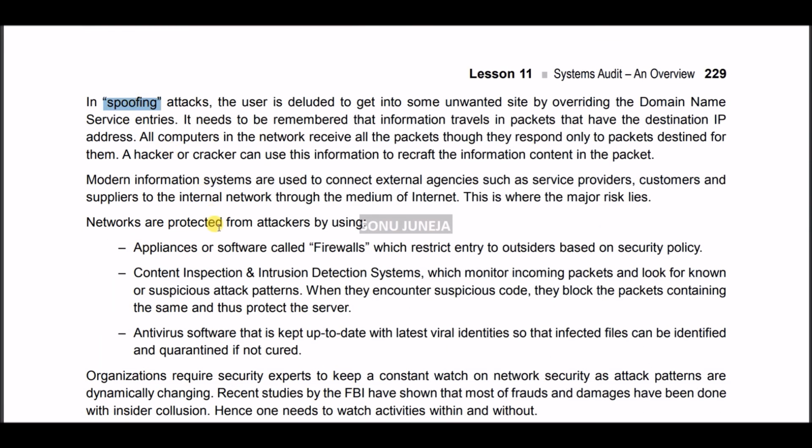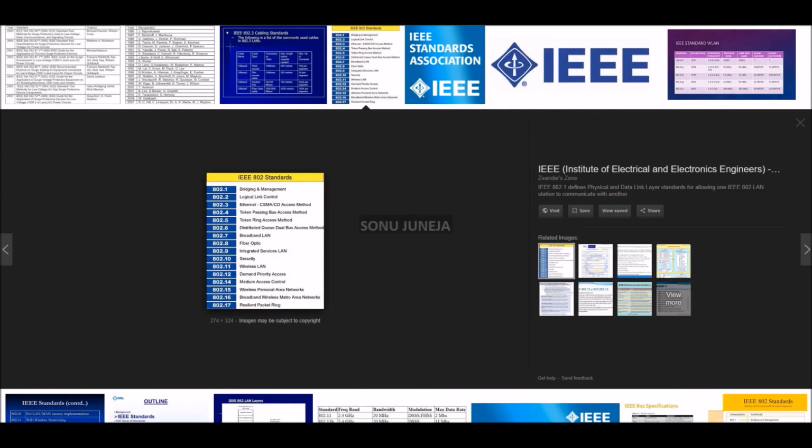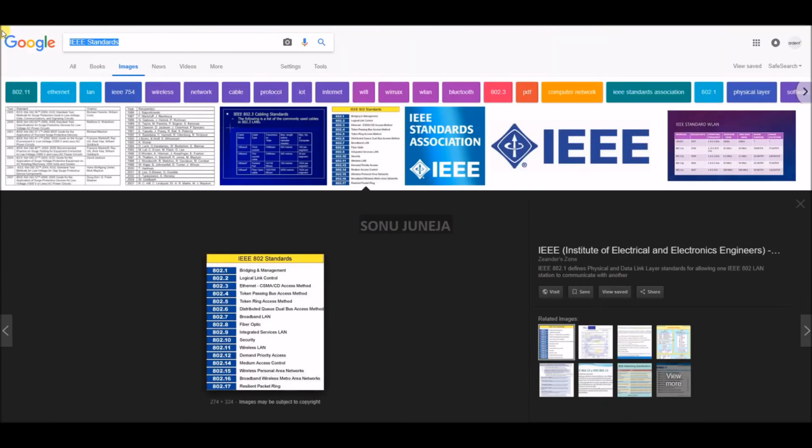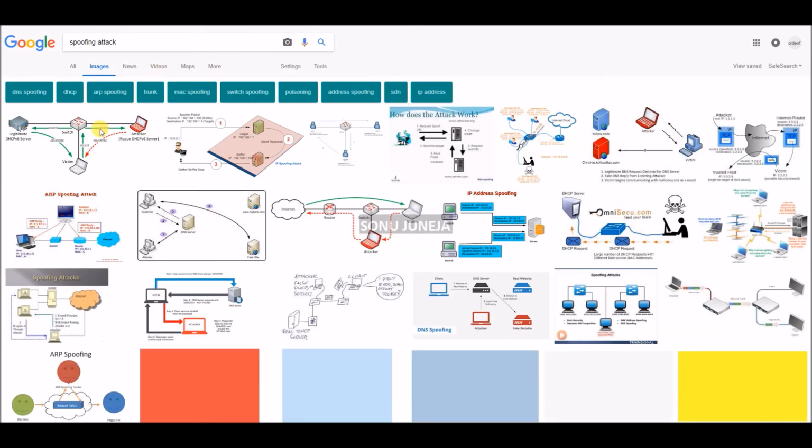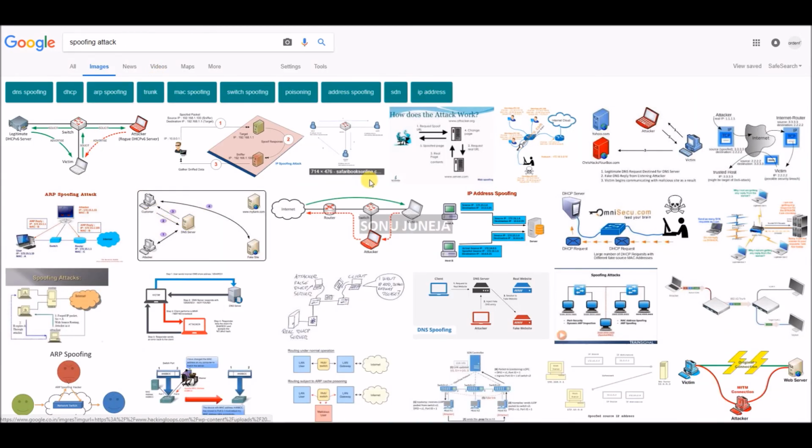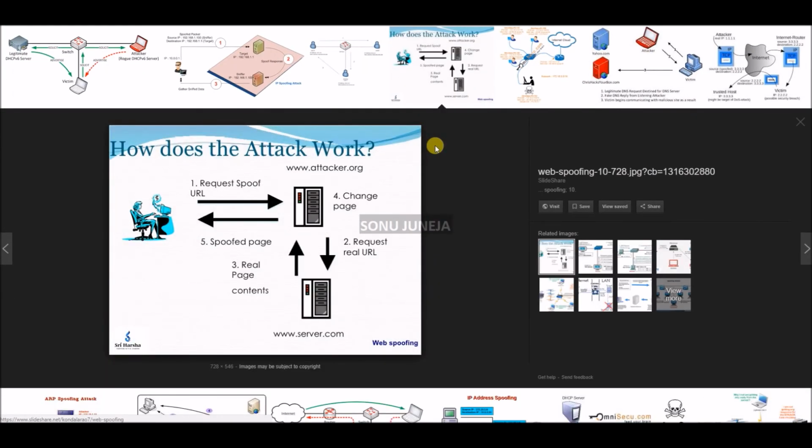Spoofing. So, request a spoofed URL, read the URL, real page content, spoof the page.